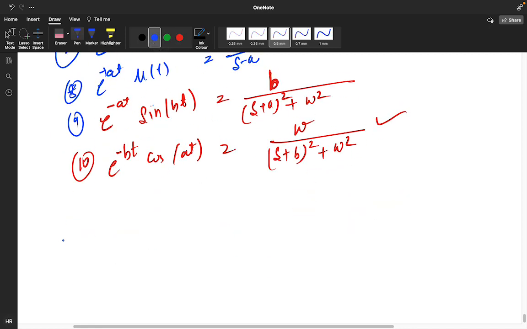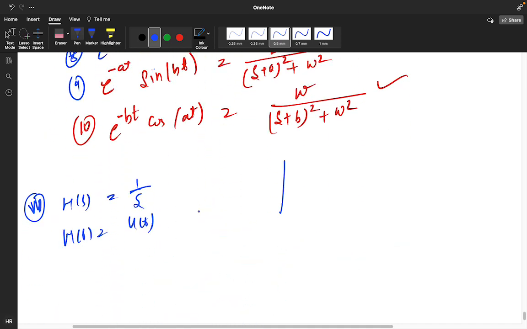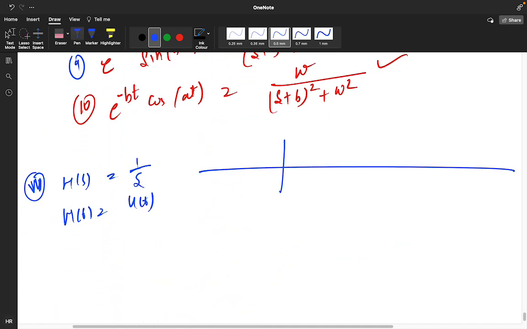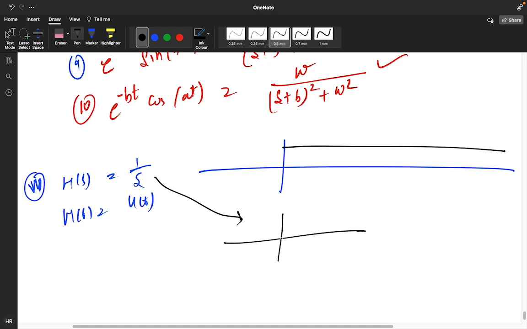Your function is H of s, example 6. So H of s is equal to 1 by s. So the inverse Laplace transform of 1 by s will be u of t. We wrote the formula. What is the meaning of u of t? It's like this. In terms of poles, where will the pole lie?